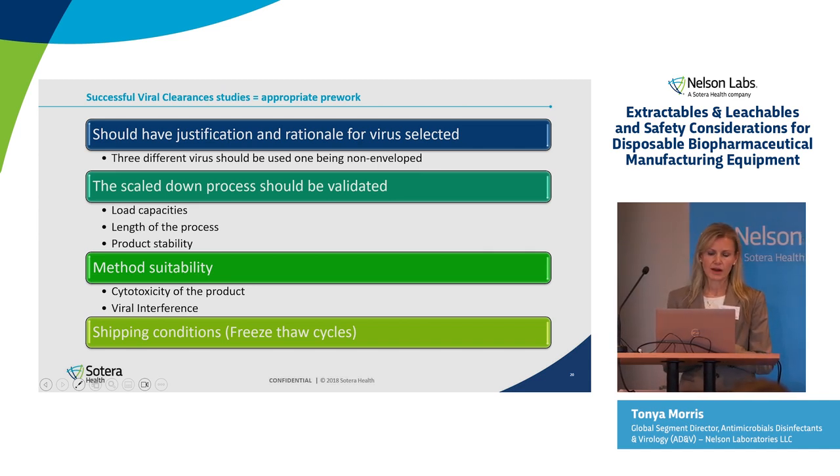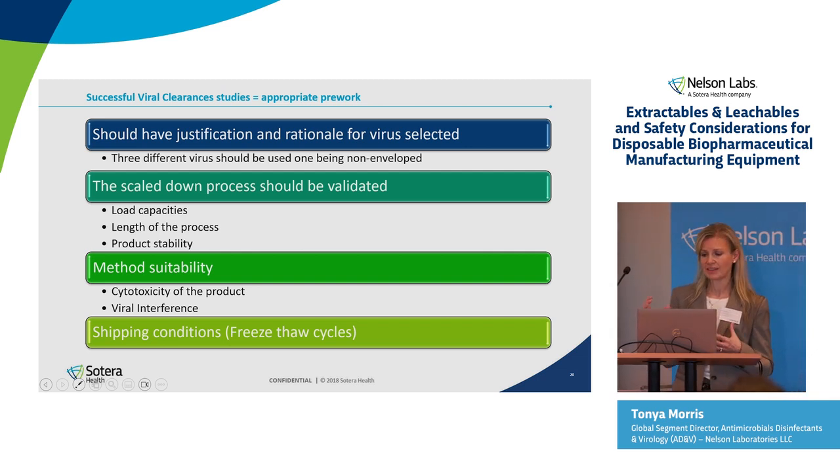And then we also have a method suitability. We want to make sure that the product is not cytotoxic itself, and so it's not already causing issues with the analyses at the end on our cell line.